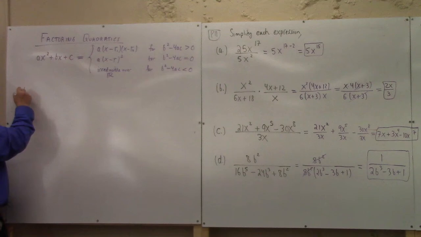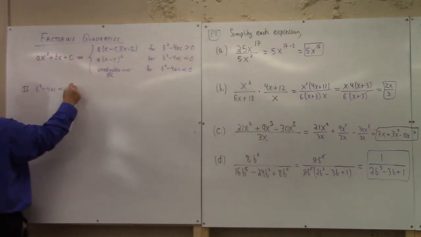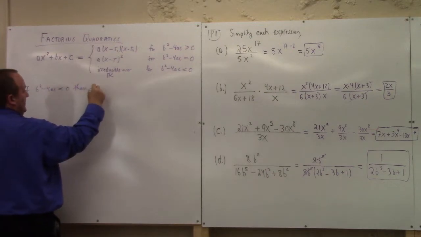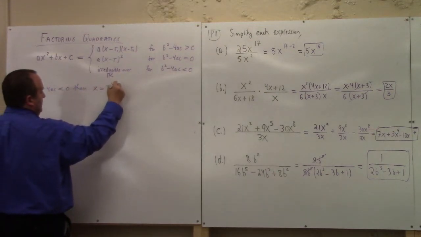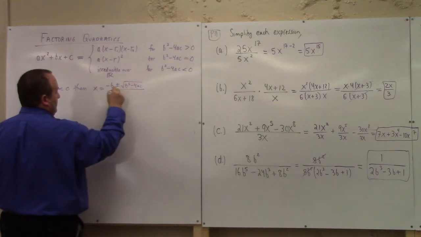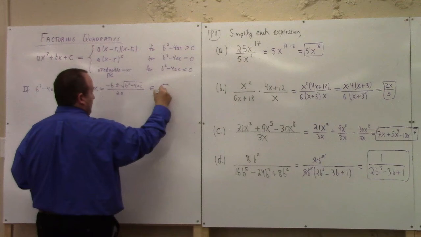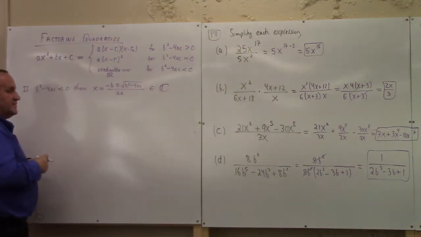If b squared minus 4ac is less than 0, then x equals minus b plus or minus the square root of b squared minus 4ac, over 2a, are complex roots. They're complex numbers.